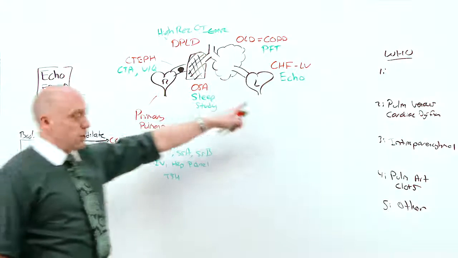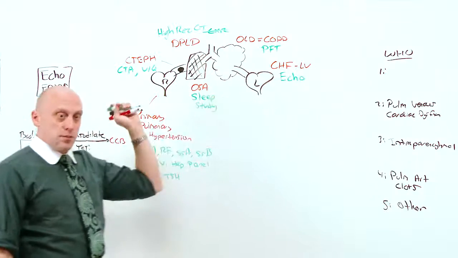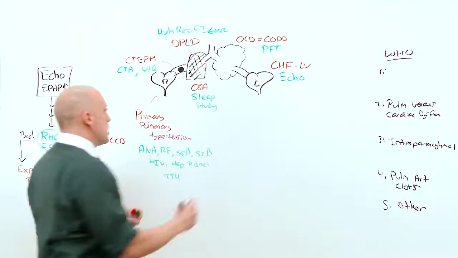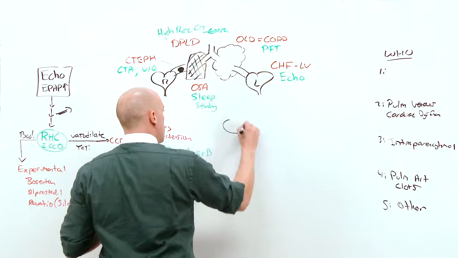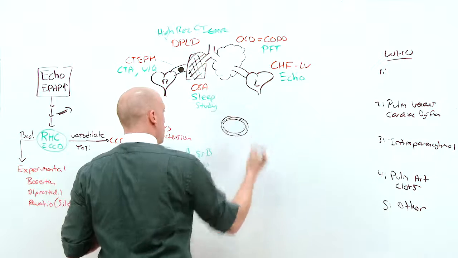And you can figure out how to work out the problem starting on the right of the board and working left. The reason why we do this is because the pulmonary artery is a low pressure system, right? And it doesn't have a very big muscular wall.